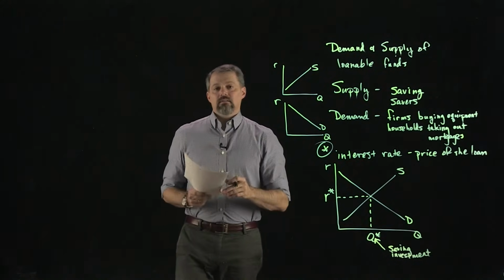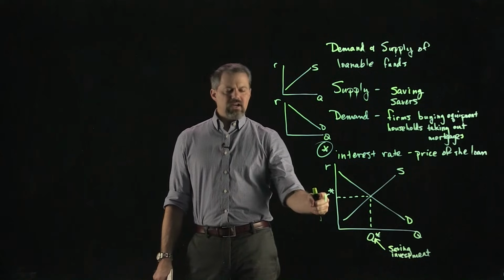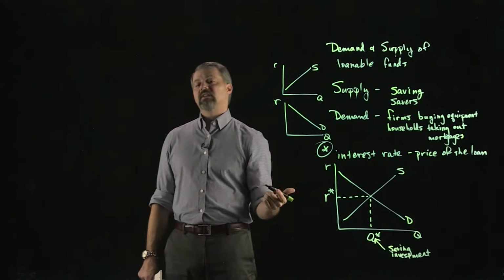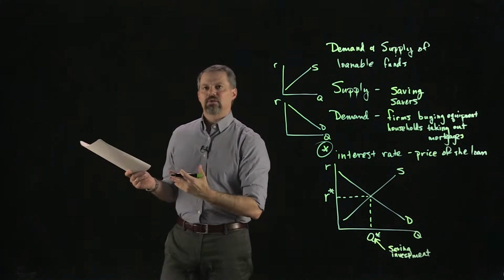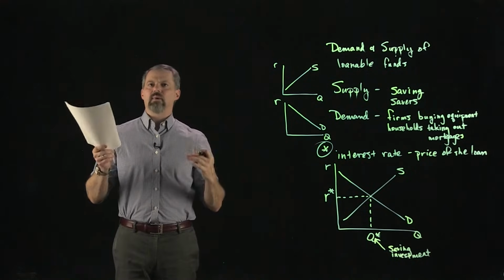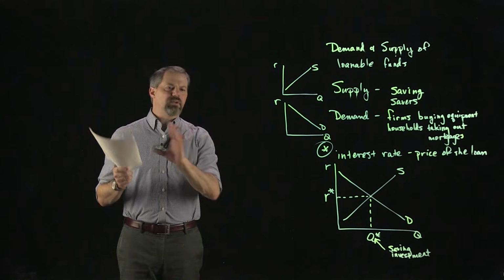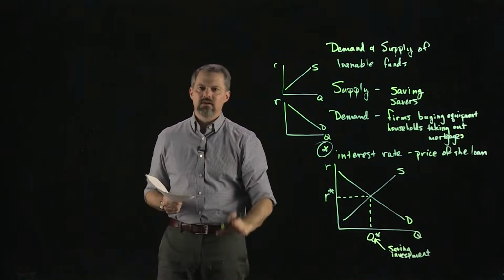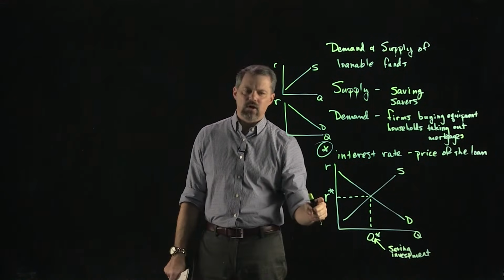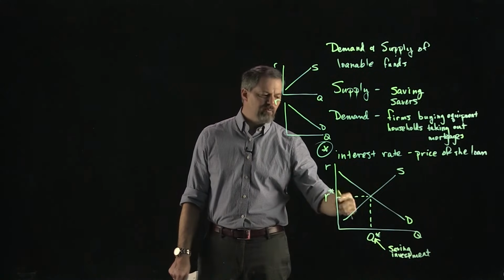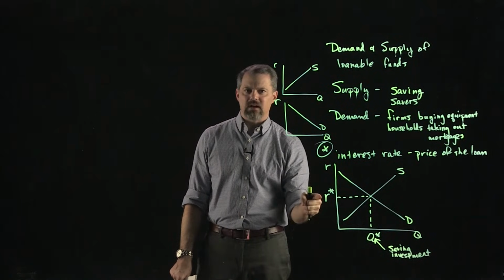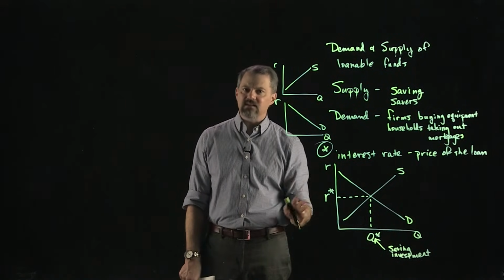Let's think about what causes the interest rate to go to R star. So let's do something that we did previously when we were talking about demand and supply. We talked about what incentives are created that push the price to equilibrium, because remember, nobody sees the picture, right? The interest rate doesn't go to R star because everybody looks at this picture and says, oh, look, right there's what it needs to be. That doesn't happen.